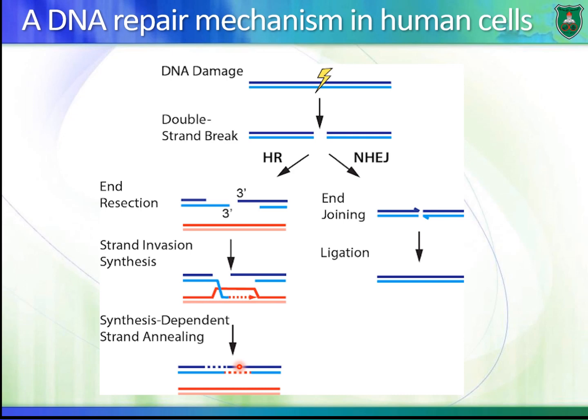The other type of repair mechanism is known as non-homologous end joining. And what the cell does is that if it sees that you have double strand breaks, it glues the two strands with each other.